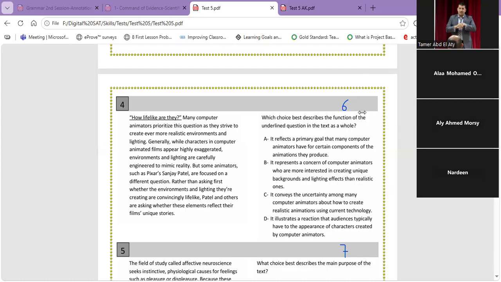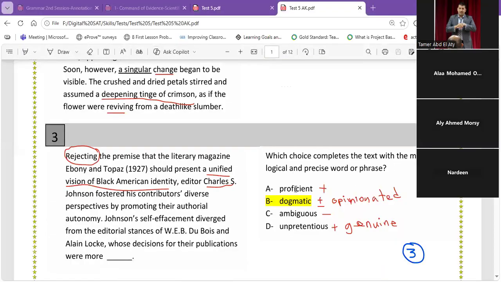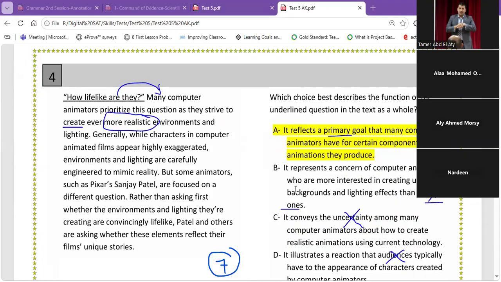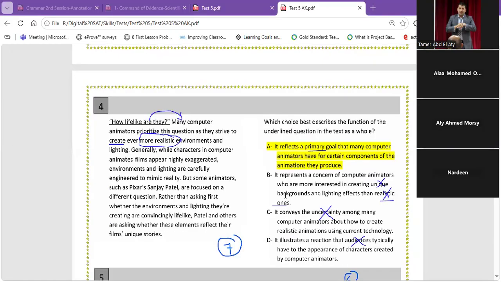Okay. Unfortunately, on this question only one got it wrong. Yassine, concentrate with me. As we said before, when you have a function of the underlying sentence, we take the sentence before and the sentence after. We don't have a sentence before, but we have a sentence after.